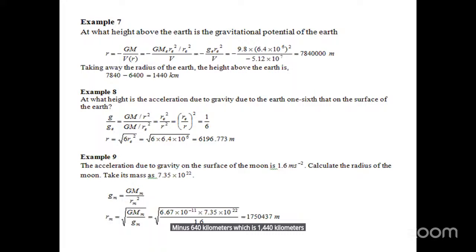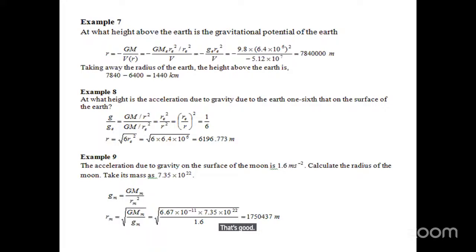At what height is the acceleration due to gravity due to the Earth 1/6 that on the surface of the Earth? g over g_E will be equal to GM over r squared over GM over R_E squared. That you can get from what we have been talking about concerning g_E. What do we say g_E is? g_E is GM over R_E squared.